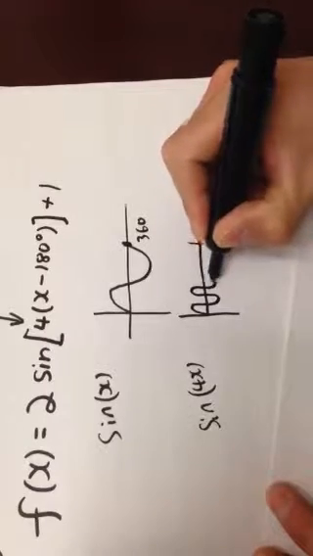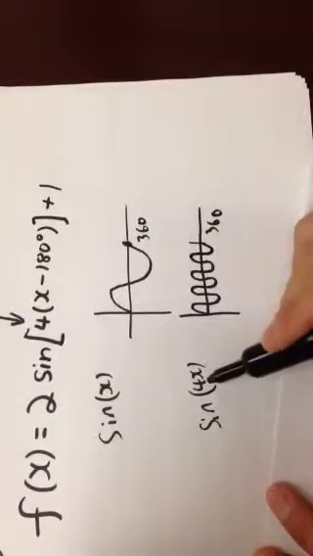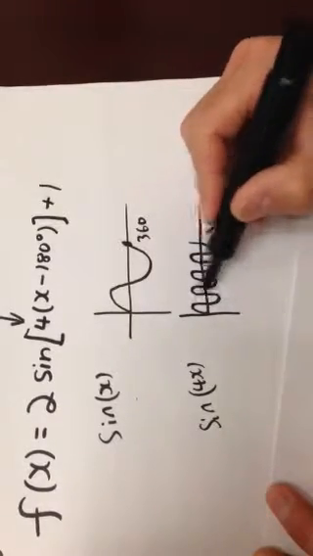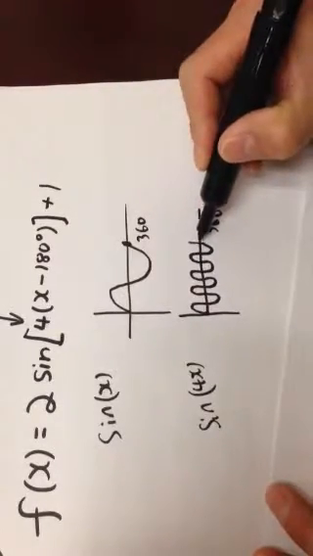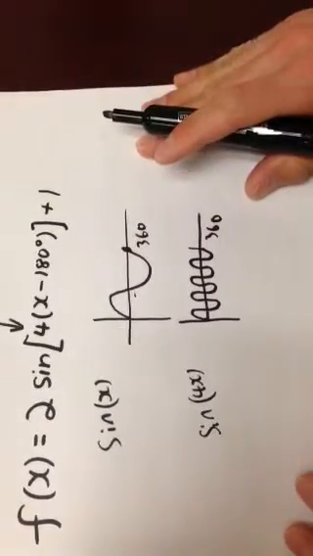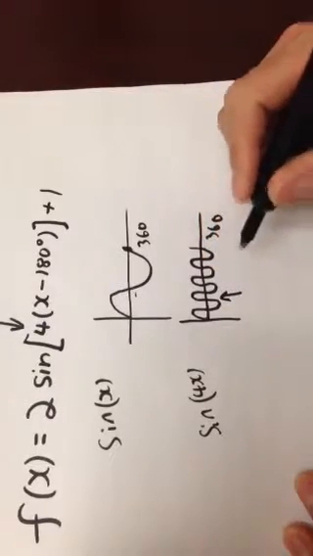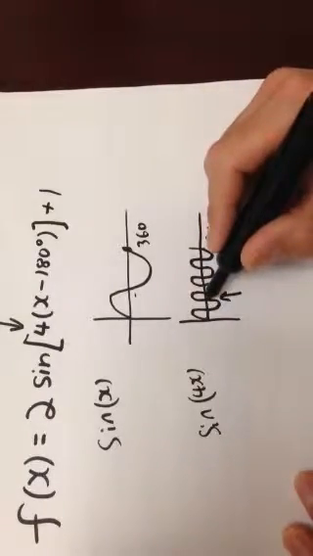1, 2, 3, 4. So that number 4 means we have 4 times as many cycles in the same amount of time. So the effect that has on the period is the period ends here. It starts here and it ends here.